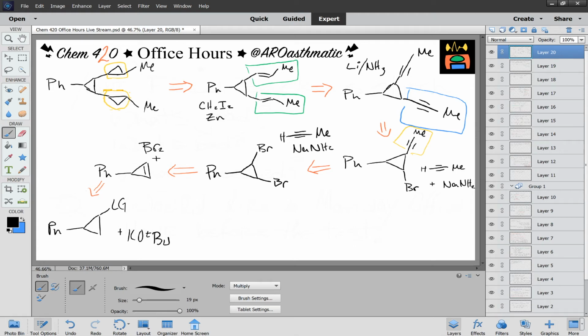The question is, how would we put this leaving group here? Like we said, I already know that I can brominate. We can put a bromine there, but what we want is a bromine that's pushed one over.